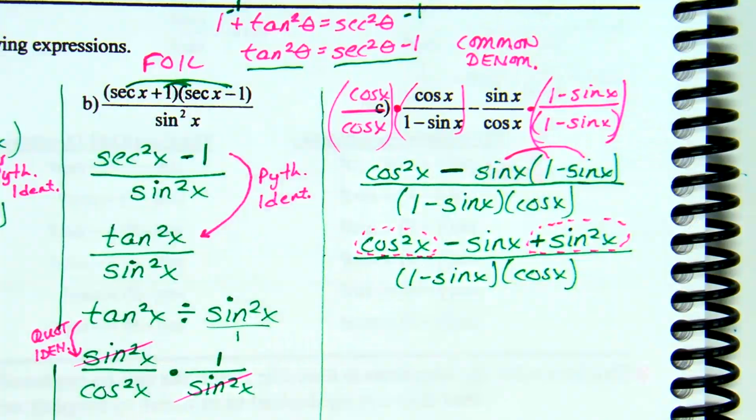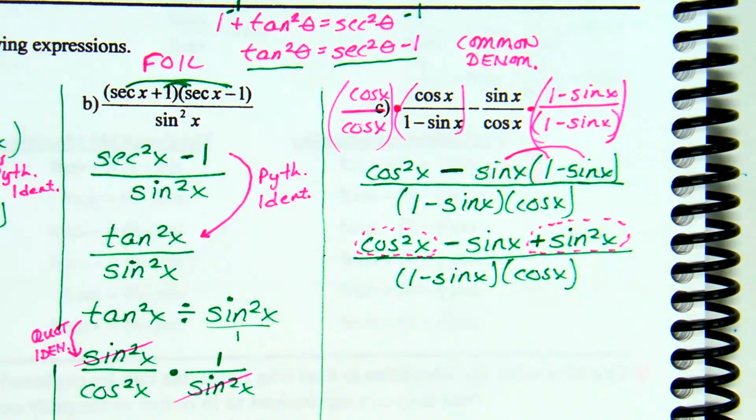What do you notice about them? It's a cosine squared x, ignore the middle, plus sine squared x. Cosine squared x plus sine squared x is equal to 1.